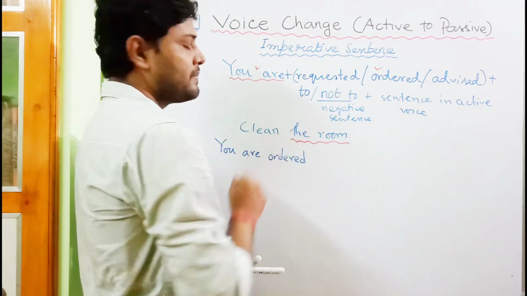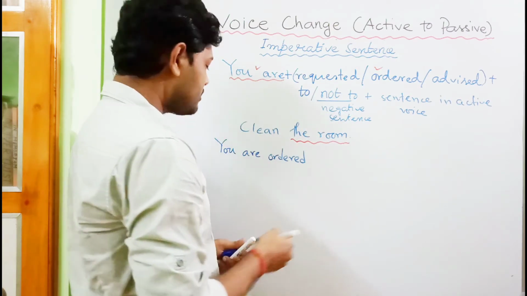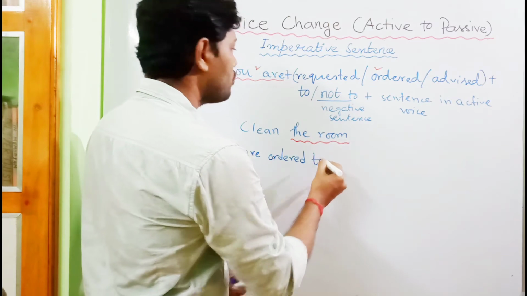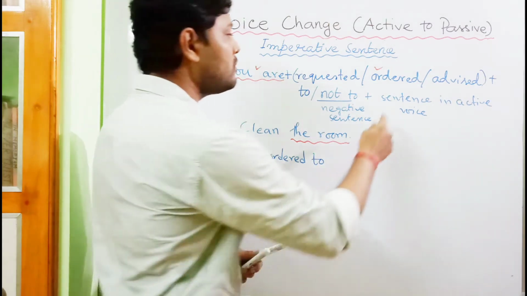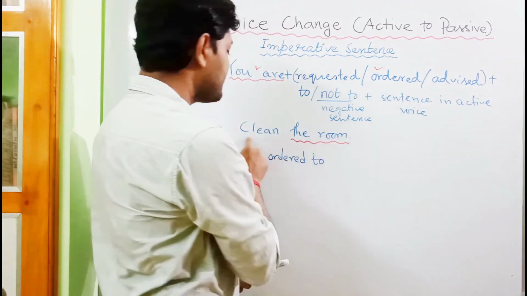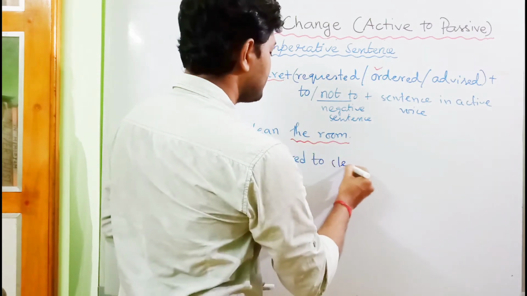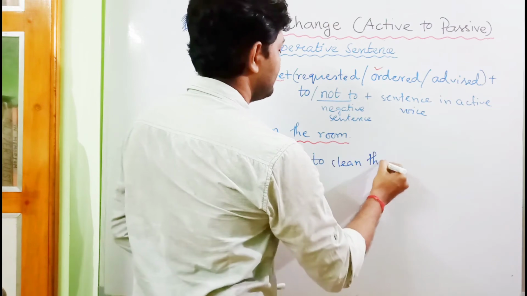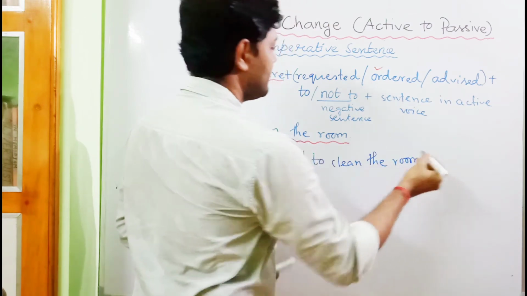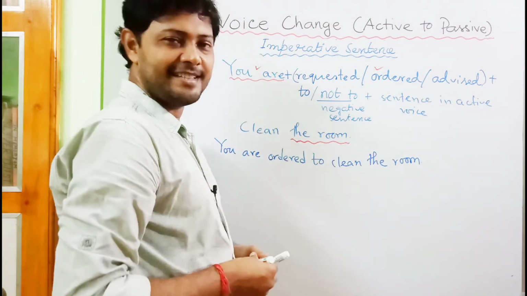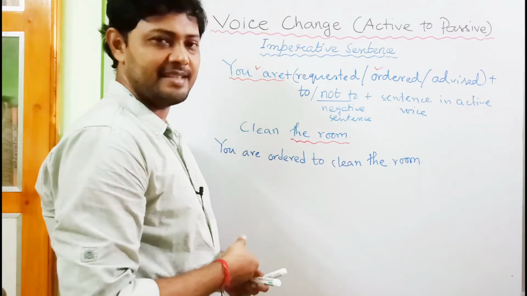It is an affirmative sentence, so we will write only "to." Then we have to write the full sentence in active voice, that means the question, "clean the room." So, you are ordered to clean the room. Isn't it easy? It is also very easy.